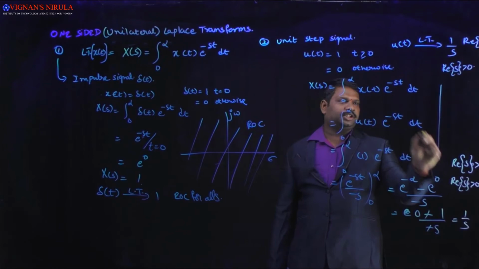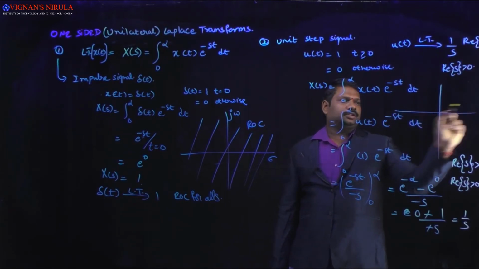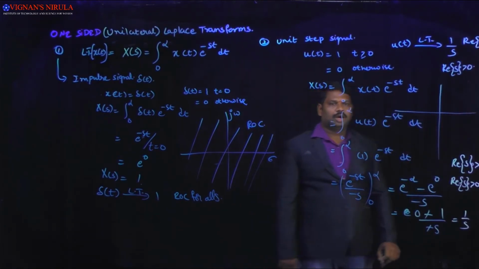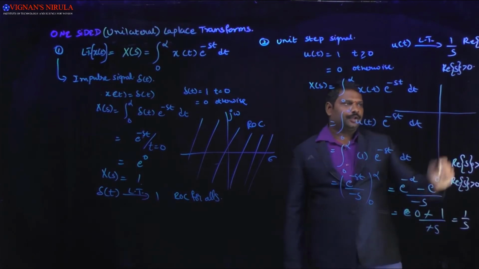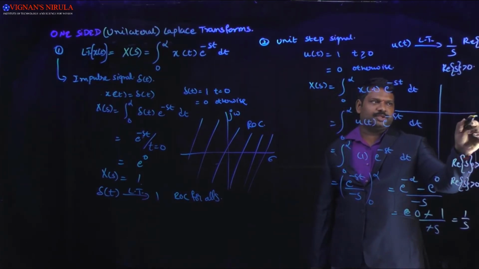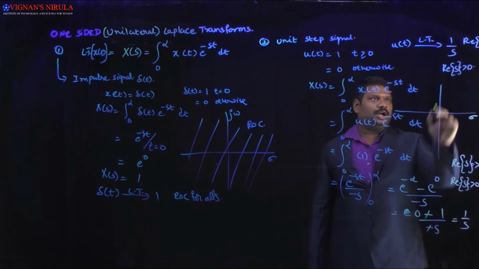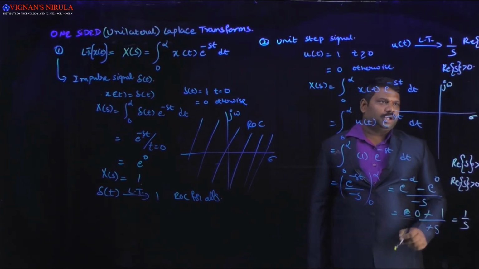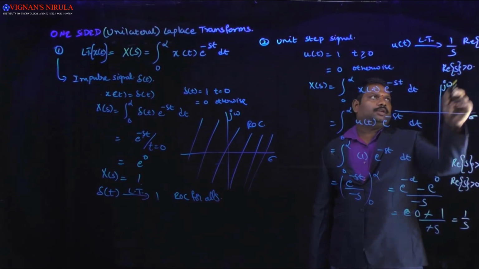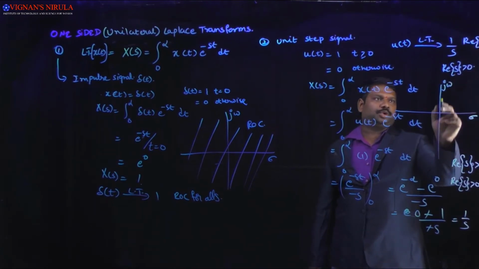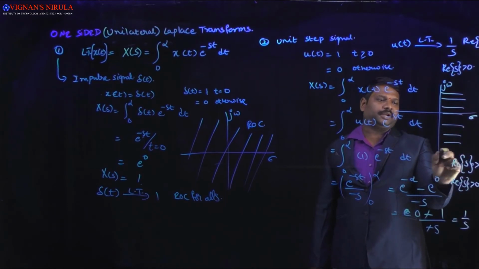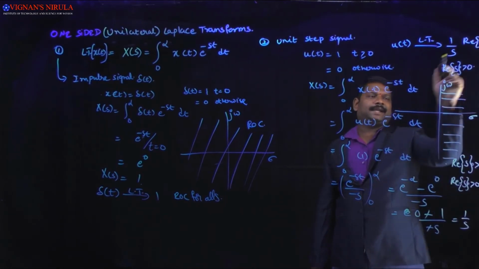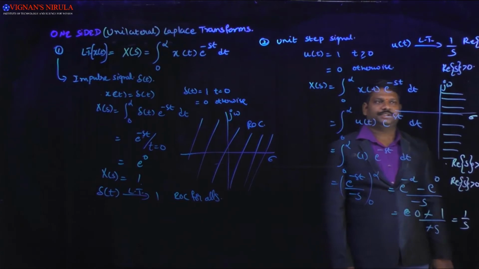When we plot this s-plane, taking sigma as 0 here and j omega here, let us consider Re of s greater than 0. Greater than 0 means this entire region. Only at these places is this Laplace transform said to exist.